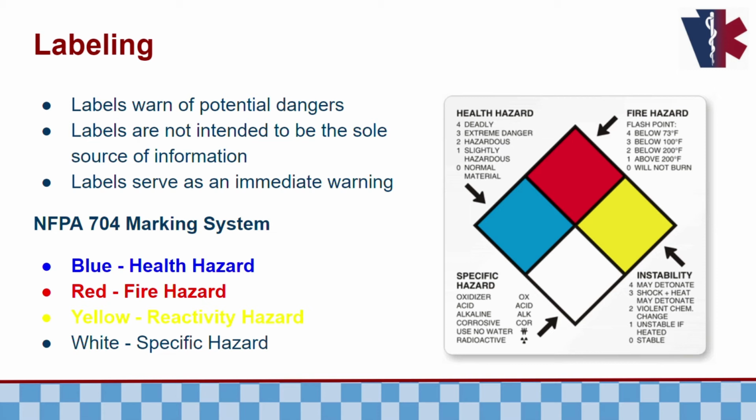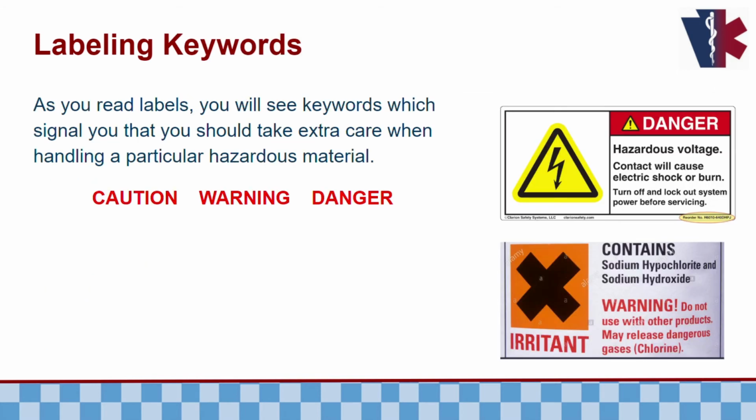The yellow section identifies stability or reactivity hazard, while the white section identifies some specific hazards, such as corrosive or radioactive materials. Labels may use generic warning terms. For example, the key word danger means immediate harm, long-term effects, or death may occur.